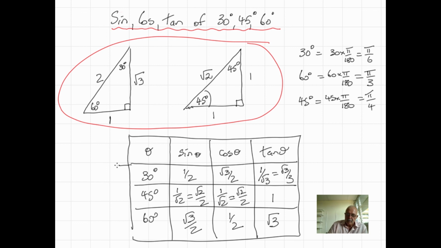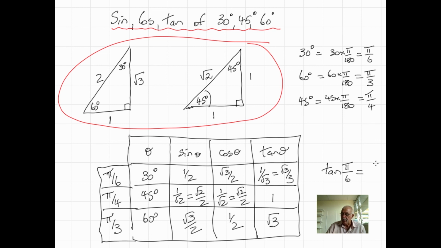So instead of just remembering this table with degrees in it, theta can equal, now 30 degrees is pi on 6, 45 is pi on 4, and 60 degrees is pi over 3. So the tan of pi on 6 will be root 3 on 3.